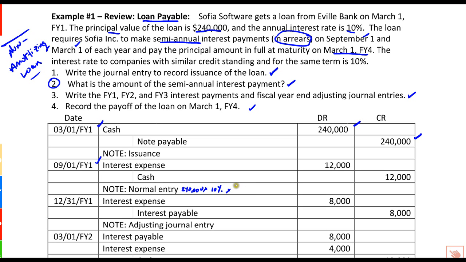That's 6/12. So 240,000 times 10% is 24,000 per year, but it's only half a year. So each interest payment is 12,000, and this is a normal entry. You pay cash and recognize the associated interest expense.